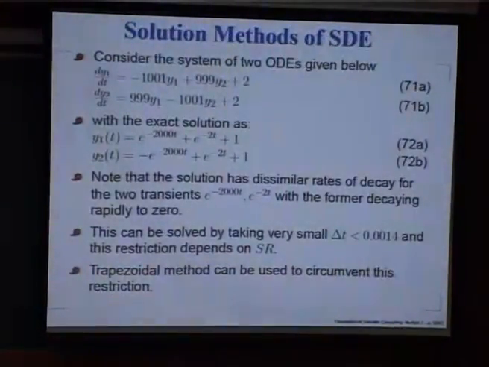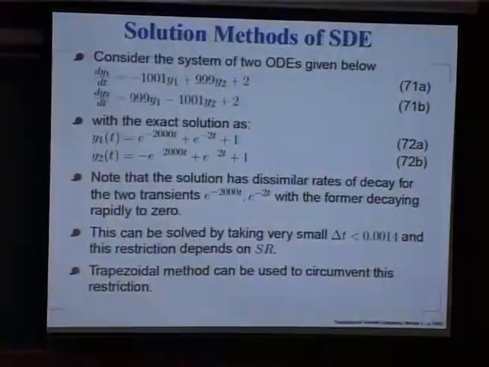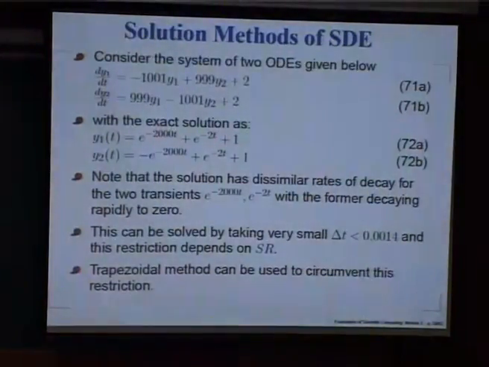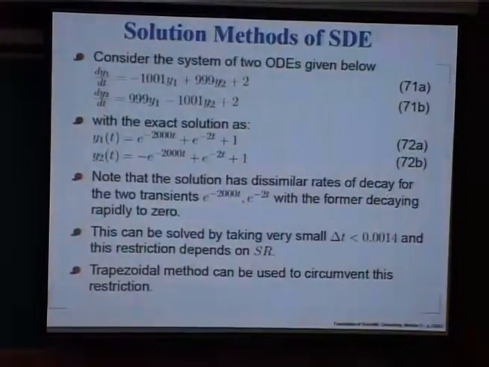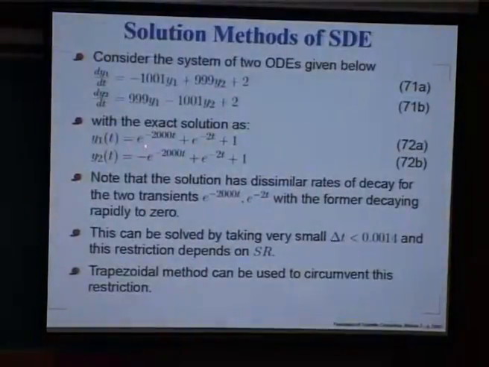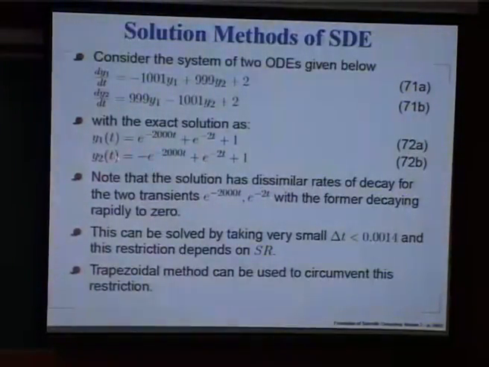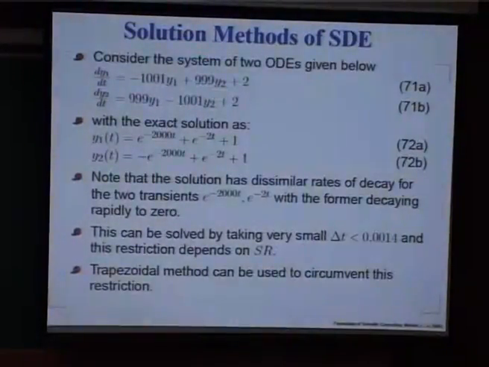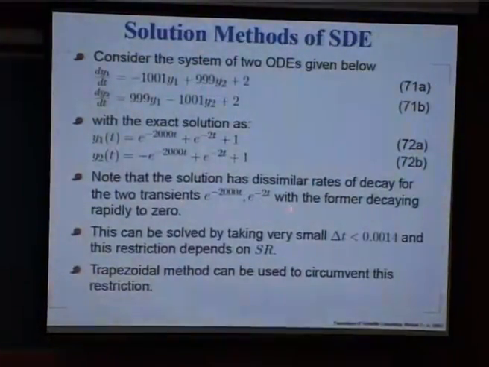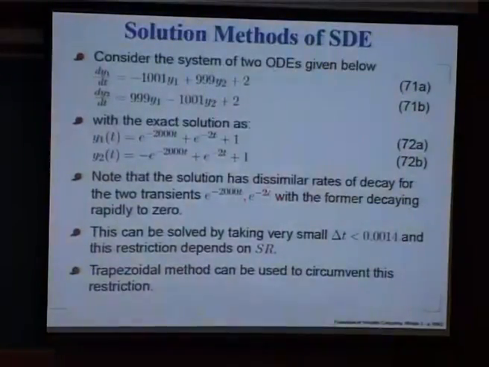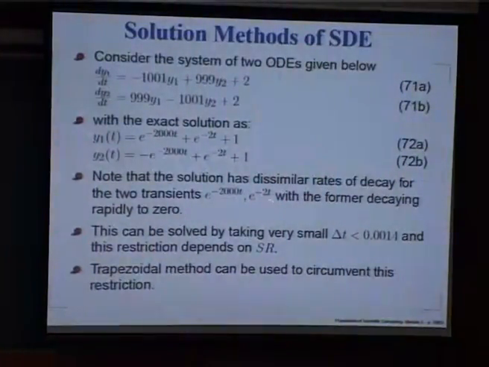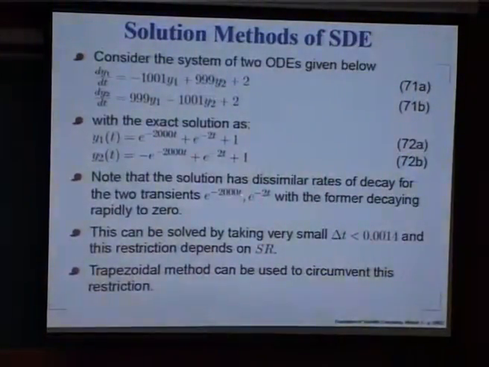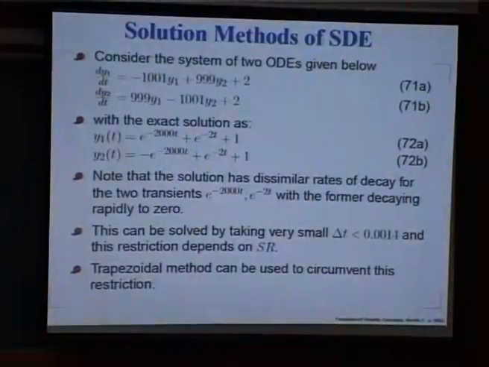We talked about this example as a model, which shows that it has two fundamental modes. One decays rather rapidly as e to the power minus 2000t, and the second one gently decays with an exponent of minus 2t.